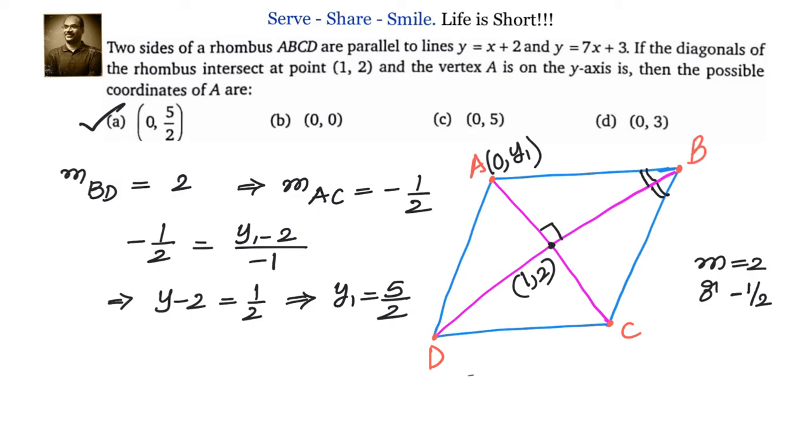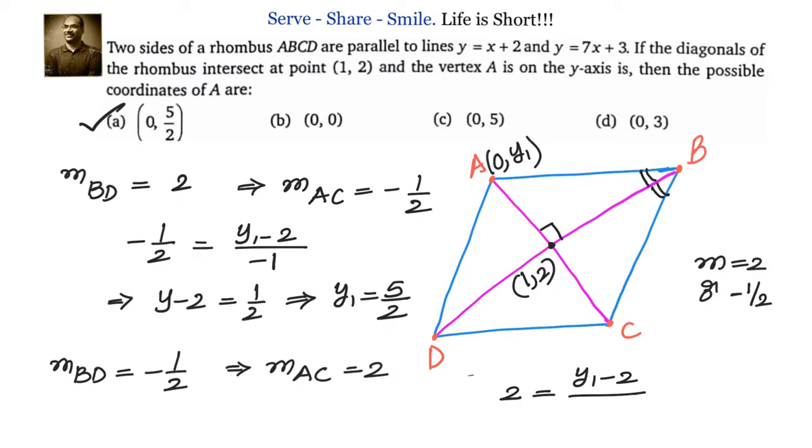Let us consider the other scenario where the slope is minus 1 by 2. So m of BD is minus 1 by 2. That will give us m of AC is 2. If m of AC is 2, then 2 equals (y1 minus 2) divided by minus 1.